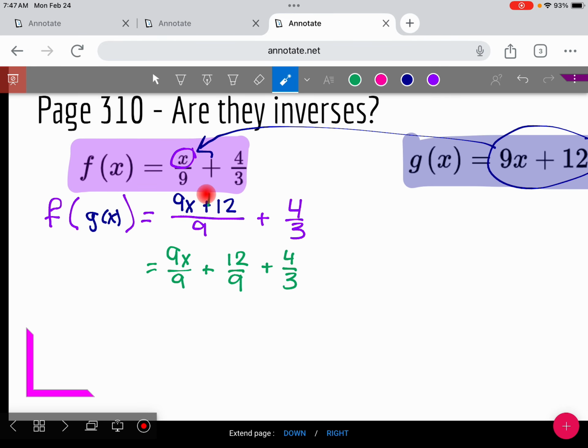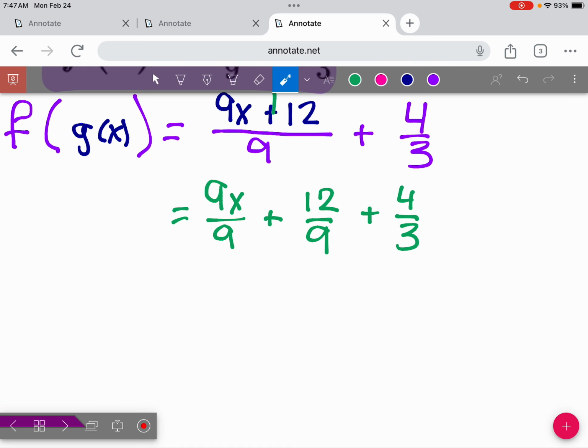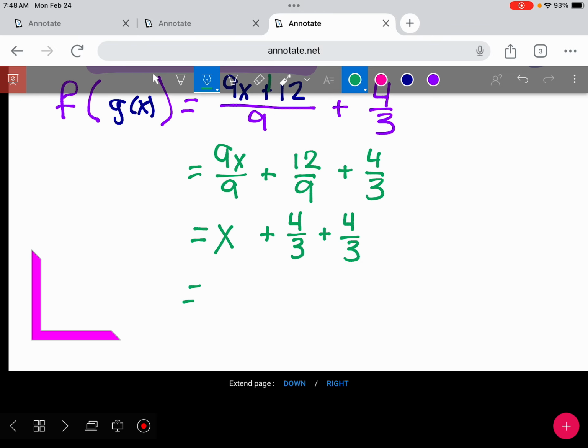Treat these just like monomial division where you cut them apart. Oh, snap. Relevance. So we get 9x divided by 9, which is the same thing as just x. 12 divided by 9, which is the same thing as 4/3, because they both divide by 3, plus 4/3. What do we get when we simplify that? What's 4/3 plus 4/3?